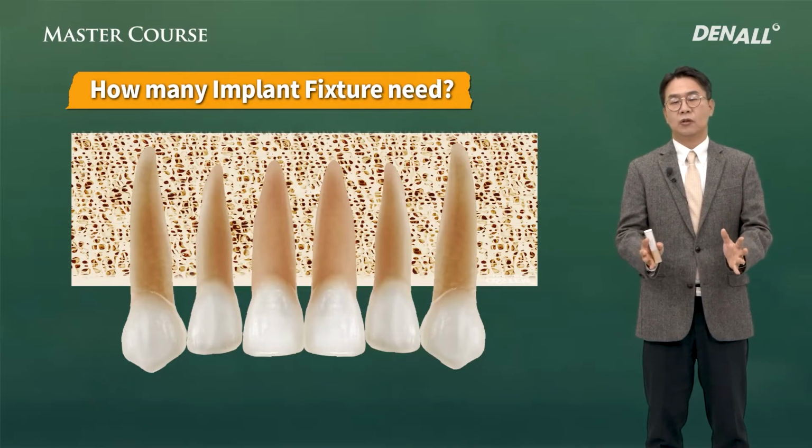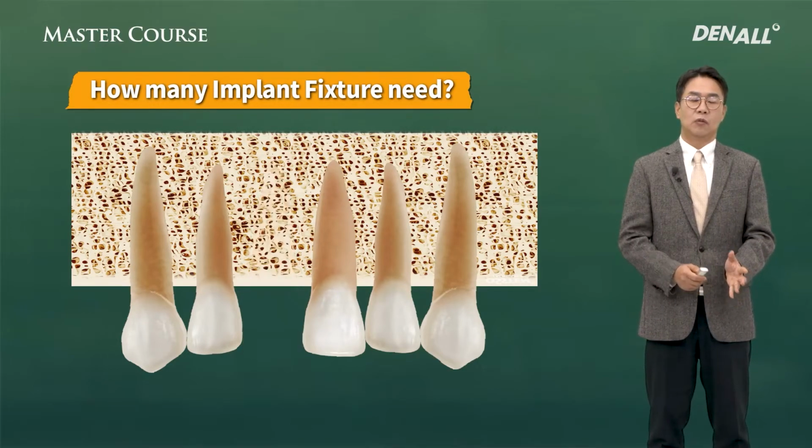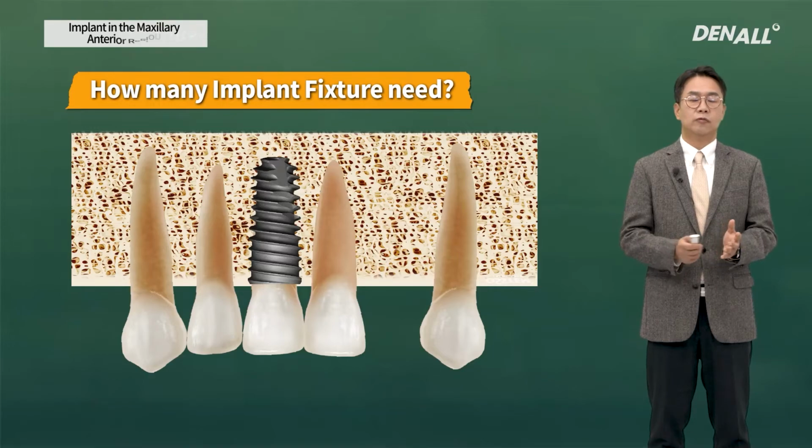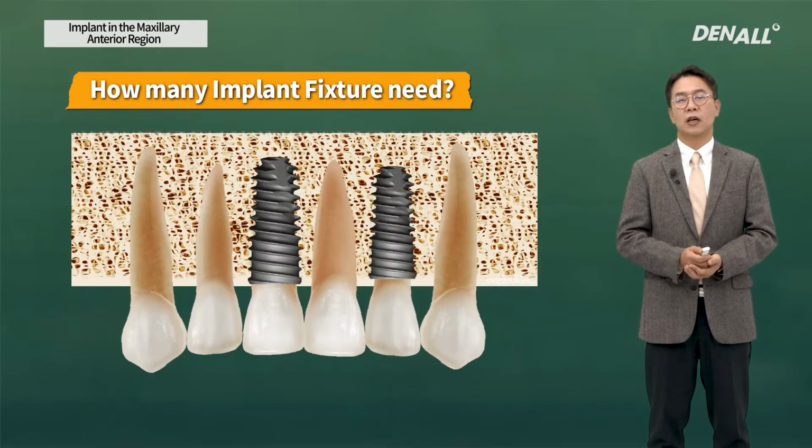In the upper anterior, when there is a tooth missing, one implant can be placed. Depending on the site, simply the situation can be maintained.